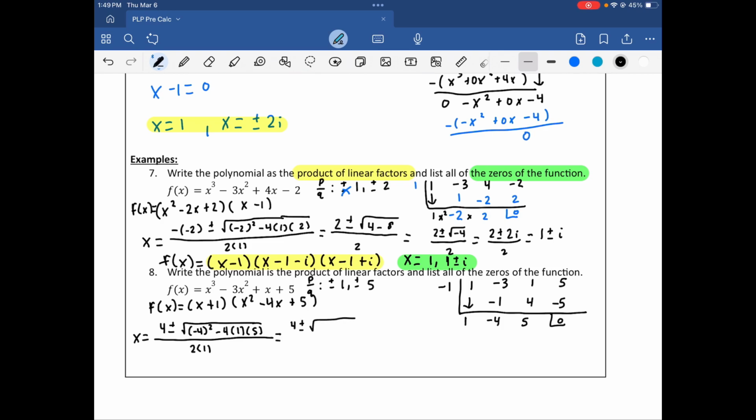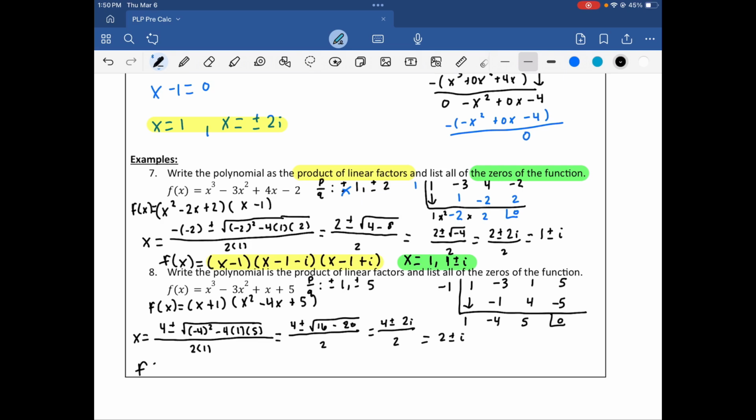So 4 plus or minus the square root of 16 minus 20 all over 2. So 16 minus 20, that's going to give us negative 4. And the square root of negative 4, like we saw in the last one, is 2i all over 2, which means that the zeros that come from this one, we can divide on this one, 2 plus or minus i.